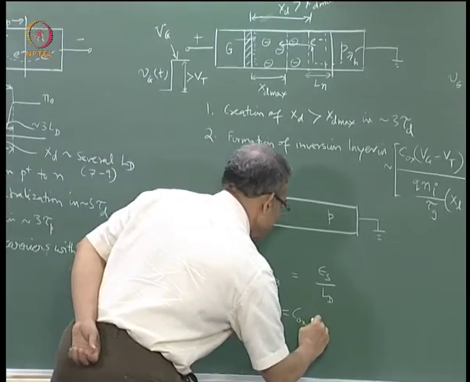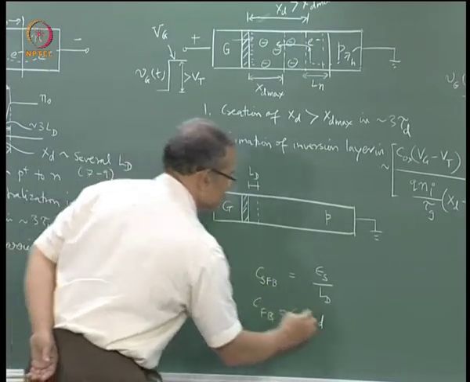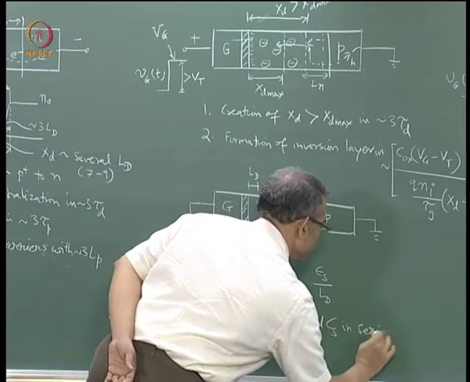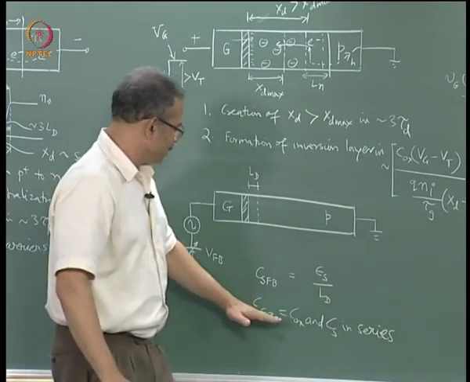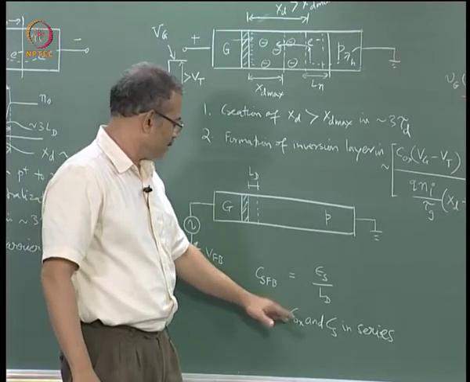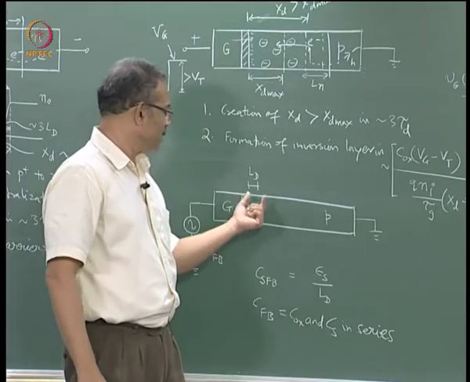So it is Cox and Cs in series, and that is why at flat band the capacitance is less than Cox, okay, because you have this capacitance which is non-infinite because Ld is not 0.